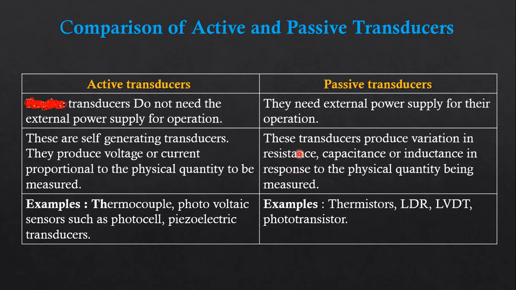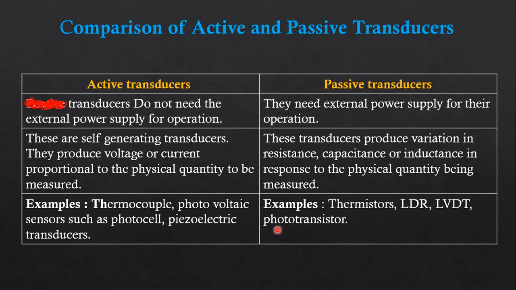And on the other hand, passive transducers produce variation in resistance, capacitance or inductance in response to the physical quantity being measured. Then after, examples of active transducers that we already studied: thermocouple, photovoltaic sensor such as photovoltaic cell, piezoelectric transducer, and so on and so forth.